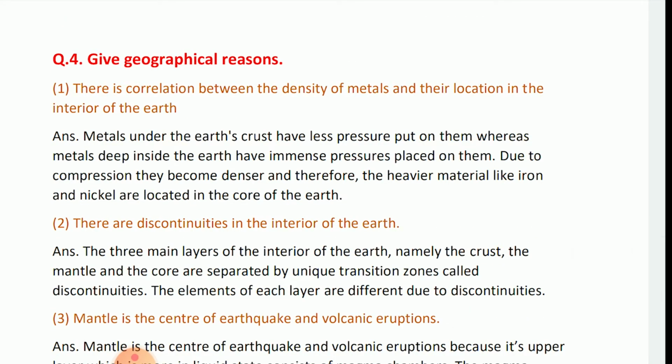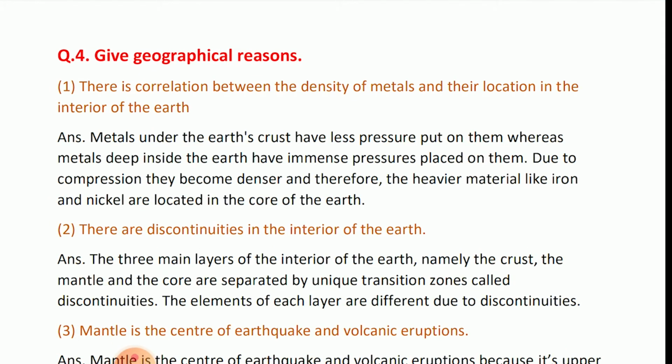Give geographical reasons. First, the metals under the earth's crust have less pressure put on them, whereas metals deep inside the earth have immense pressure placed on them. Due to the compression, they become denser, and therefore the heavier materials like iron and nickel are located in the core of the earth.